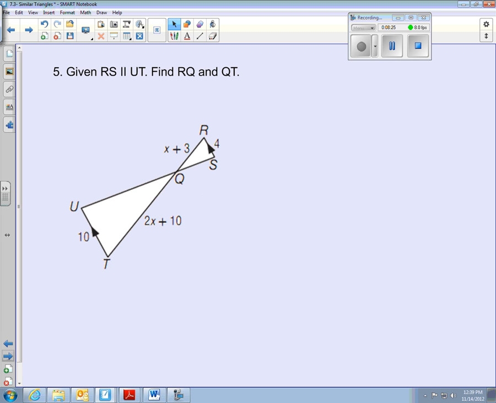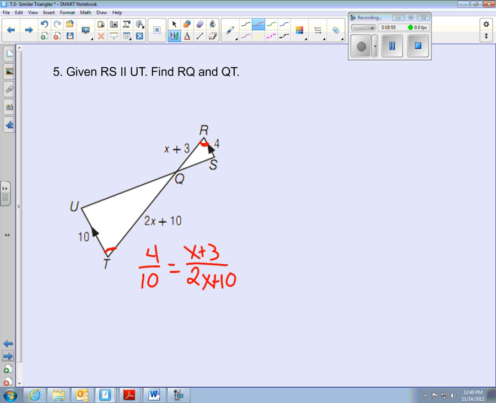All right, number 5. Given that RS is parallel to UT, find RQ and QT. First we need to find our x. We know that these are parallel, so I can say that my included angle is going to be congruent, so that we have our side angle side. I'm going to match my 4 with my 10, and then my x plus 3 goes on top because it came from the same triangle as the 4, and then I have 2x plus 10 on the bottom.